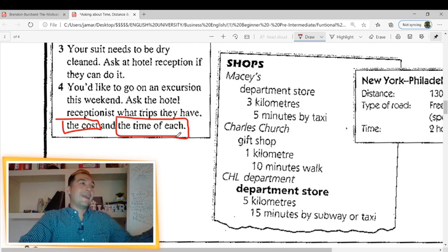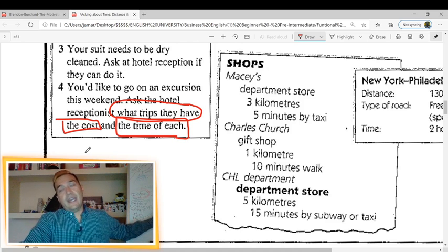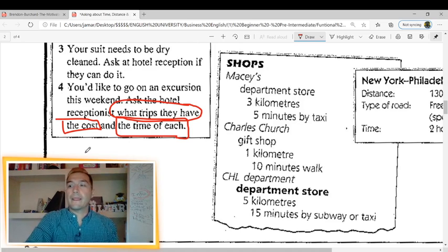Good. Now put the complete question because now we're going to answer them. How long? What is your auxiliar? Is. ¿Qué es? So we can use the to be. Excellent.